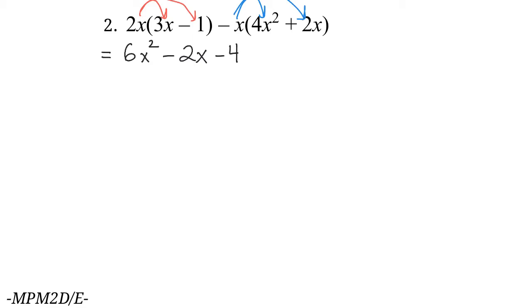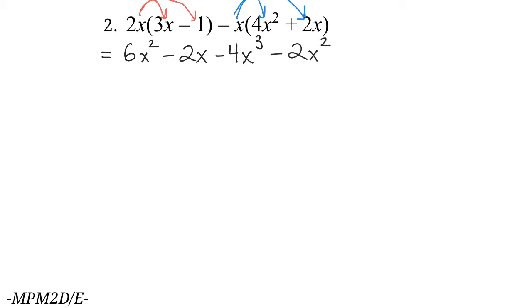And then again, following the exponent laws for multiplying, x multiplied by x squared is going to be x cubed. And then we have -x multiplied by +2x. So again, -1 multiplied by 2 is going to be -2. And x multiplied by x is going to be x squared.